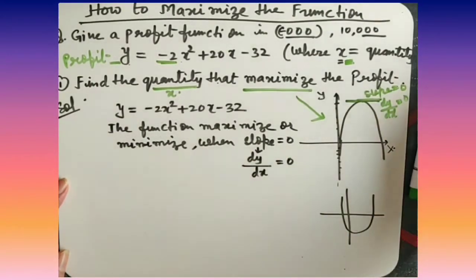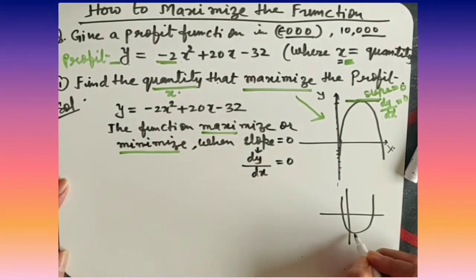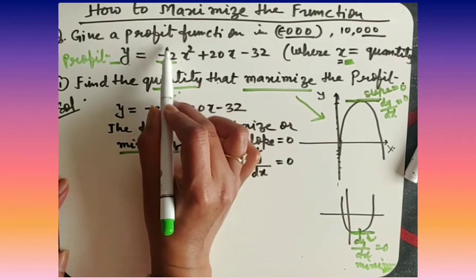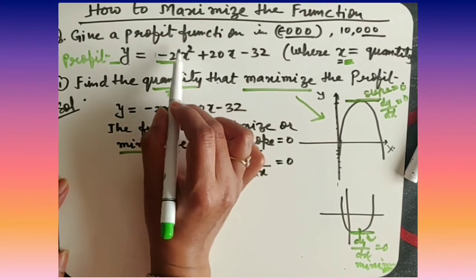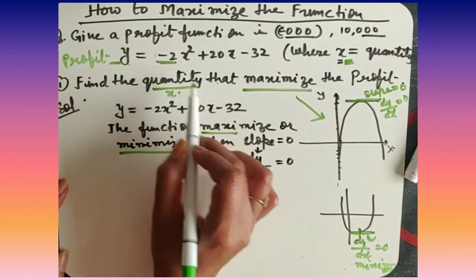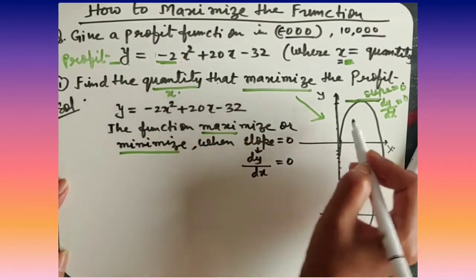Where the turning point is, the slope will be 0. So you need to find out whether the coefficient of x square is negative or positive. If the coefficient of x square is positive, your function will be minimized, and if negative, your function will be maximized.